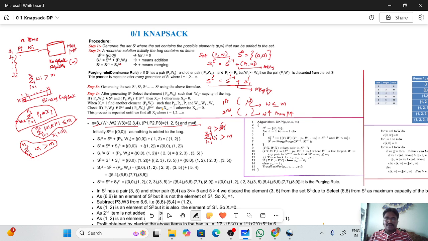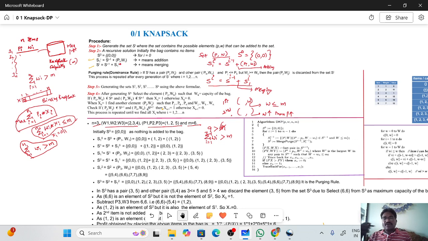And for the recursive step, for each and every item, the earlier set is added with the present item's weight as well as profit. Now we are getting S power i suffix 1. Once you find that ith item adding profit and weight pairs, those pairs must be merged with the existing pairs. So that will be given by S power i set. So these two are the recursive.